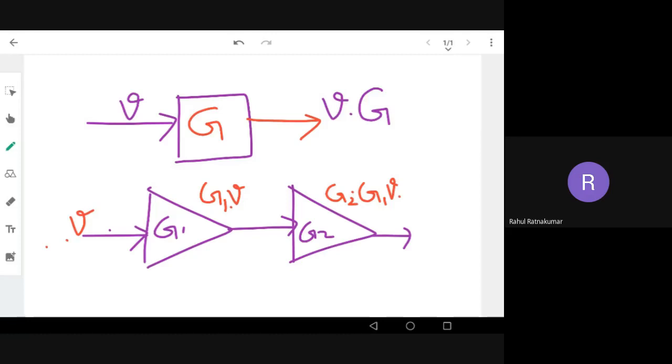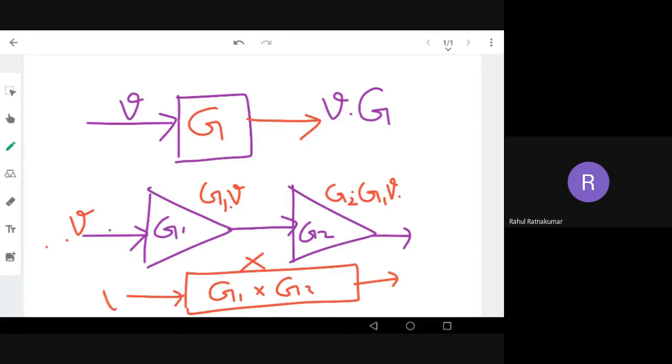This I think you are familiar with, because one of the blocks will have some kind of input output characteristics, and another block is kept in series with it, with other input output characteristics. So according to the block diagram reduction method, we can multiply these two blocks, so I can combine these two blocks together to make one block for simplicity, G1 into G2. The input will remain the same, the small input V, and the output will be the input times the transfer function G1 G2, input times the gain, right?